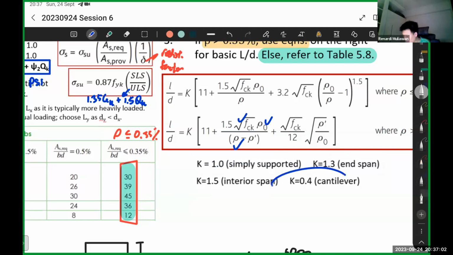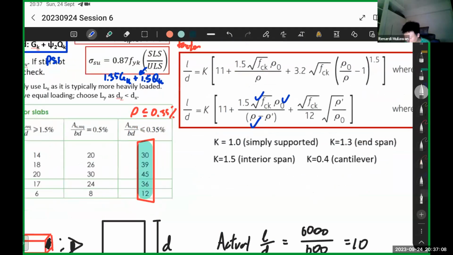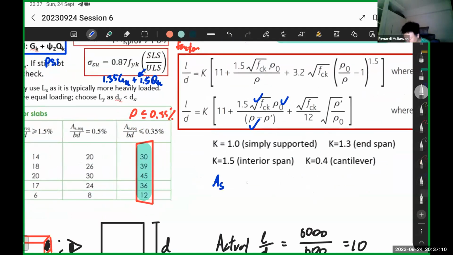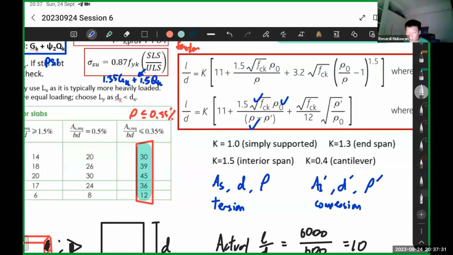For cantilever, it's 0.4. Then for rho prime, if you remember, AS and D refer to the tension steel, while compression refers to AS prime and D prime. In the same way, if rho is for tension, then rho prime is for compression. Anything with prime means it's compression steel.